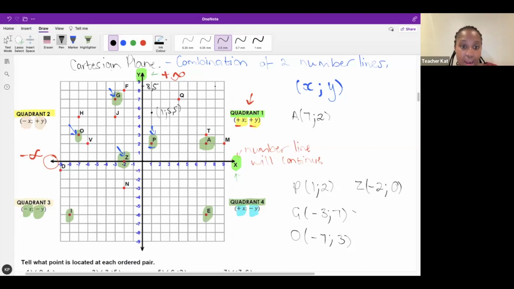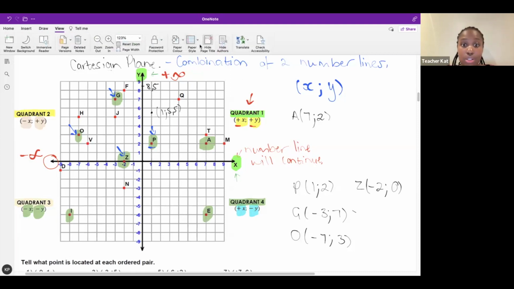When that happens, you need to just estimate, or if you have proper grid paper, the one that has the small blocks, you can accurately count. Let me see if I can get that here.